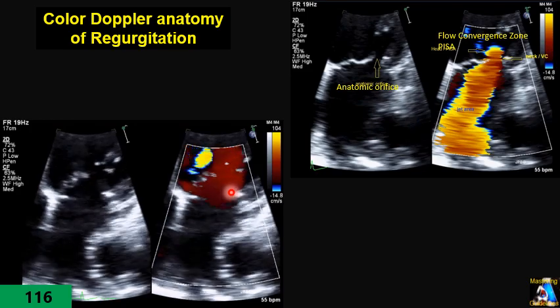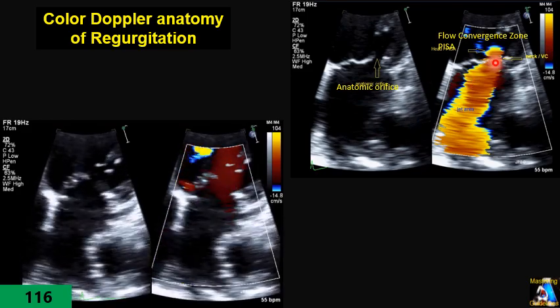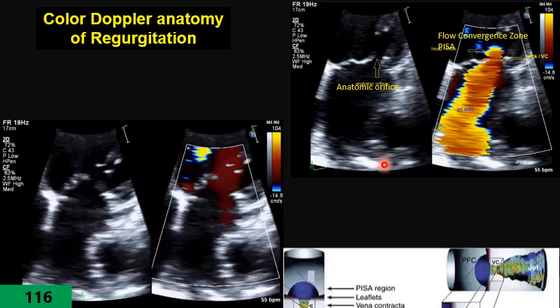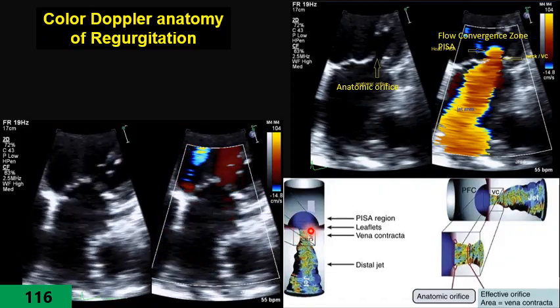Then beyond that PISA, right after the orifice, is the neck of the jet, which at a specific spot is narrower than the diameter of the orifice. As you can see here, this is the orifice, and the narrowest part of the neck is what we call the vena contracta.